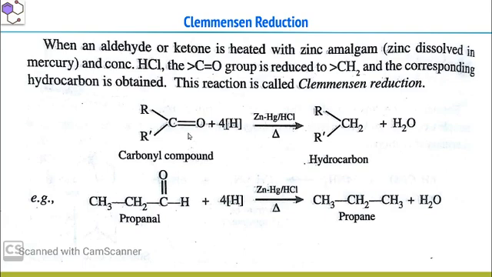The reagent for Clemmensen reduction is zinc amalgam and concentrated HCl, for converting the carbonyl functional group, which may be an aldehyde group or a ketonic C=O group. Clemmensen reduction is specific for aldehydes and ketones, not for the carbonyl group of esters, acids or amides.